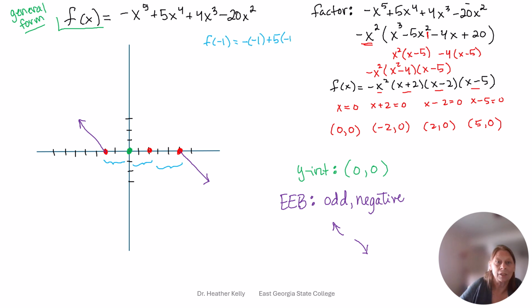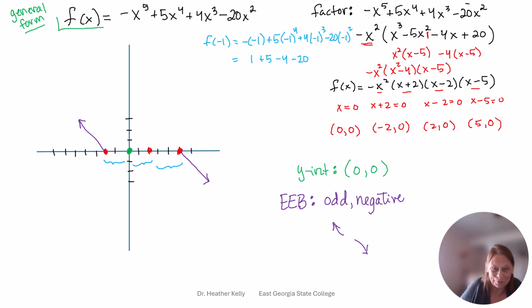That's 5 times negative 1 to the 4th power plus 4 times negative 1 to the 3rd power minus 20 times negative 1 squared. So this is going to be 1 plus 5 minus 4 minus 20. So let's see, negative 20.